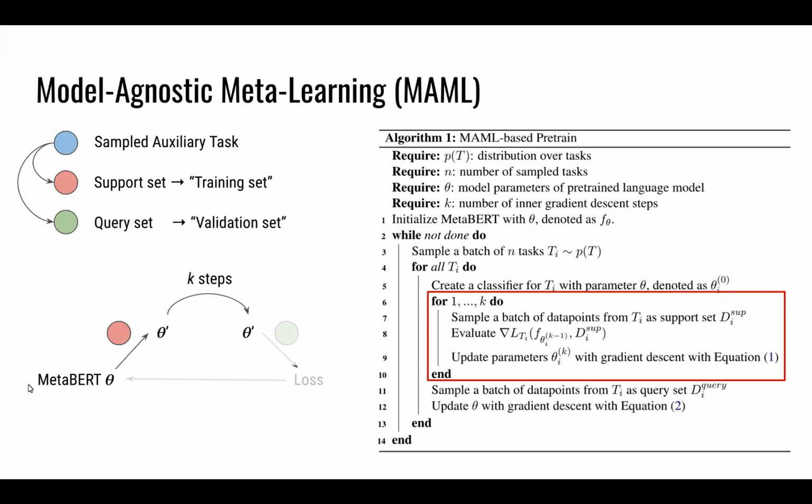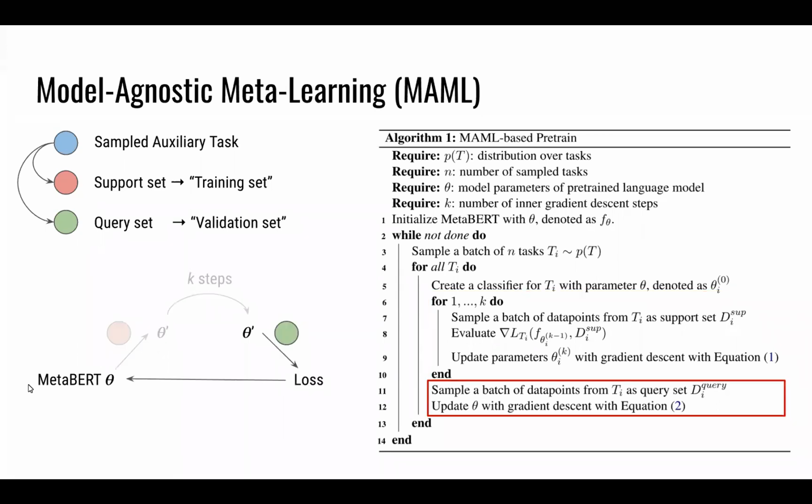But notice that at this stage, we are not updating the original MetaBERT parameters theta. Afterwards, we will update theta prime for k steps and end up with another set of theta prime. Later on, we will use the query set to compute a loss value that is used to update the original model parameters theta. This is the MAML algorithm.